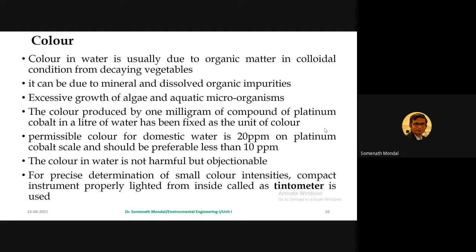Fine. So this is the way we take care of the color aspect of drinking water, or while talking about water supply. This is the way we maintain the permissible color intensity in the fresh water.